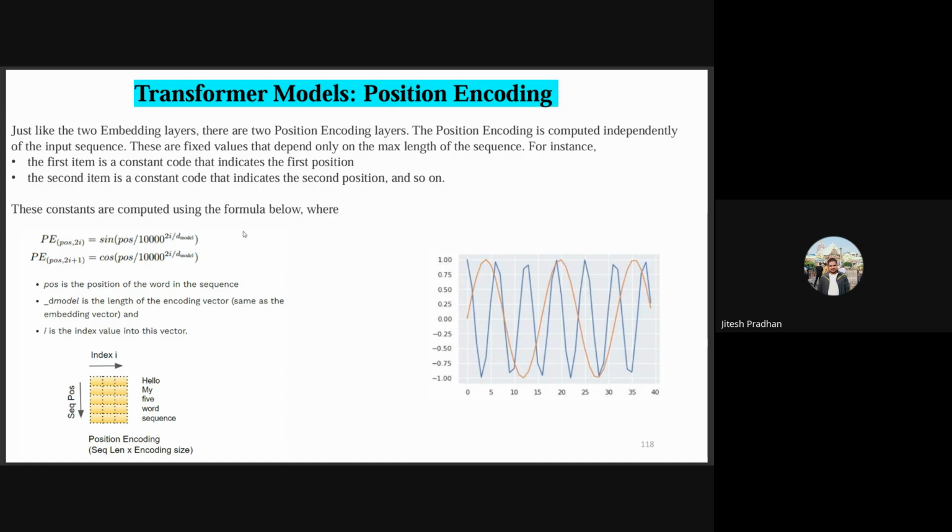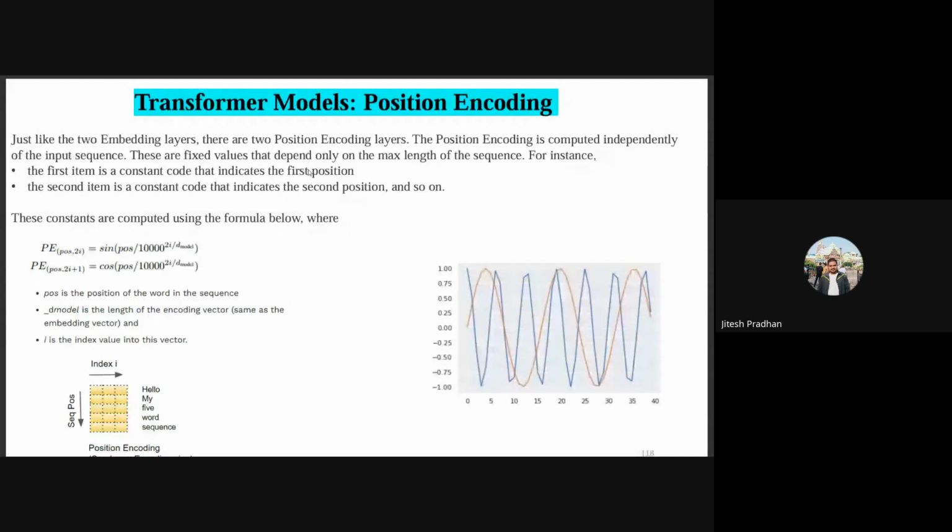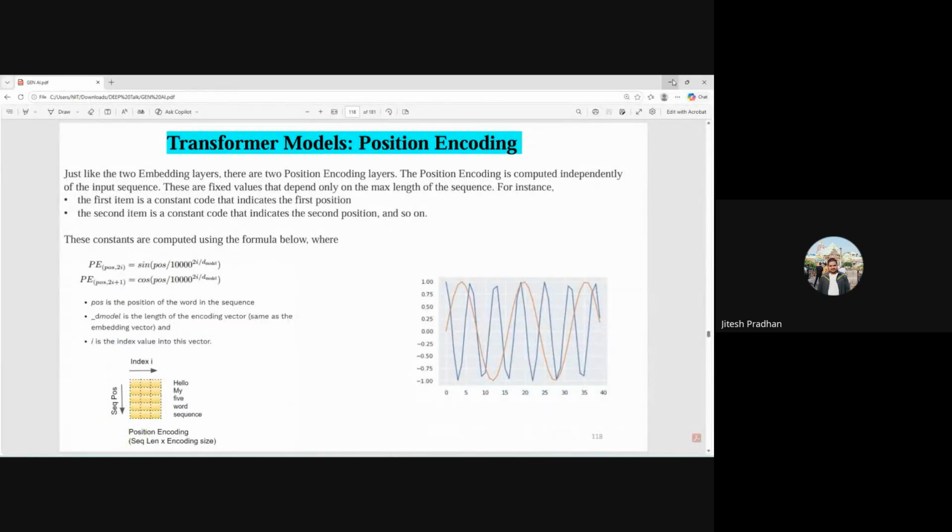Tomorrow we will start from this point. I will take half an hour tomorrow to discuss this transformer model, then we will do a live demonstration for the capstone project, in which we will try to build a model from scratch.